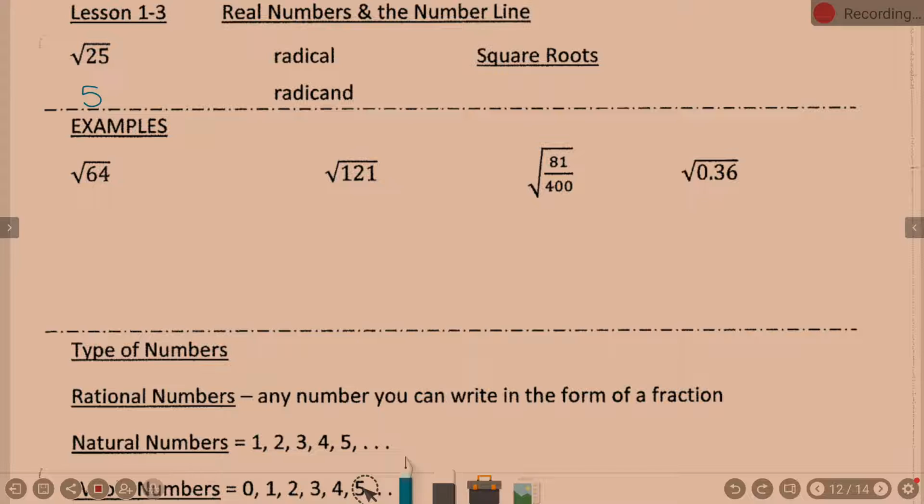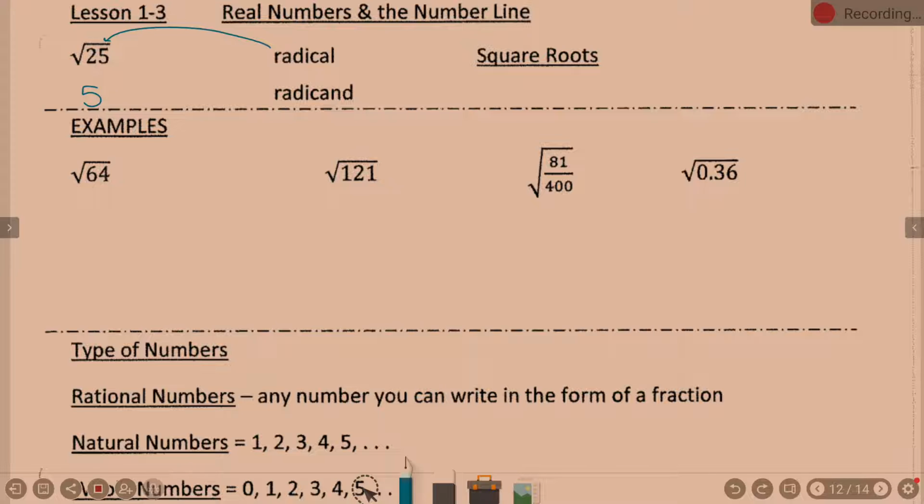Now, a little bit of vocabulary. You hear me say the word radical in terms of math. The radical is that square root symbol. So if you hear me say radical 25, I'm saying the square root of 25. I will often refer to a square root sign as a radical.